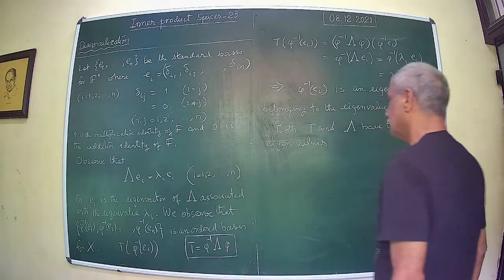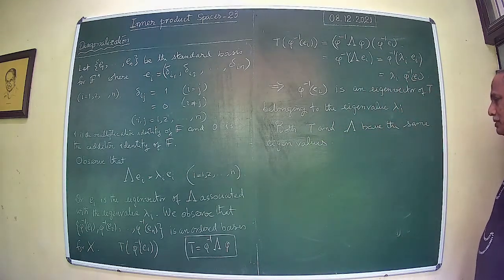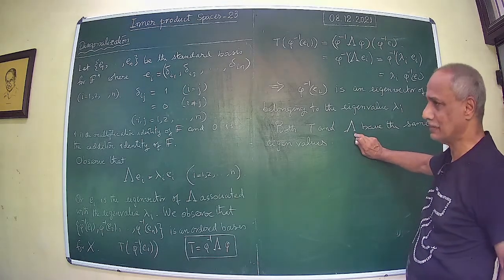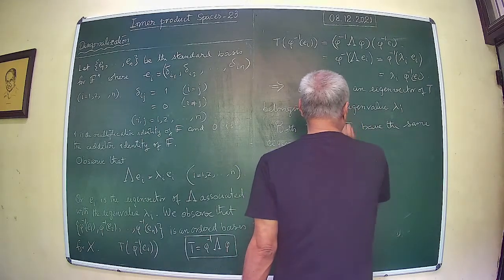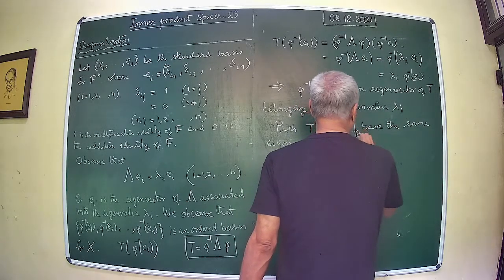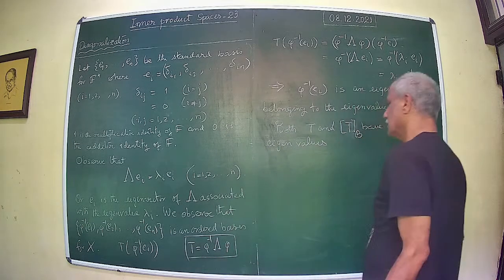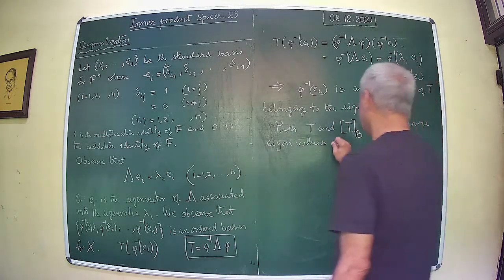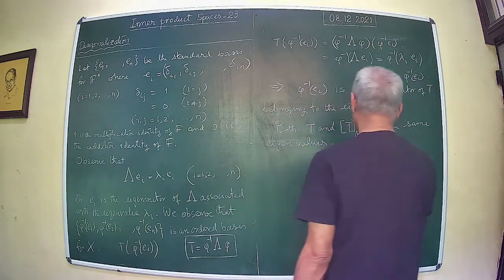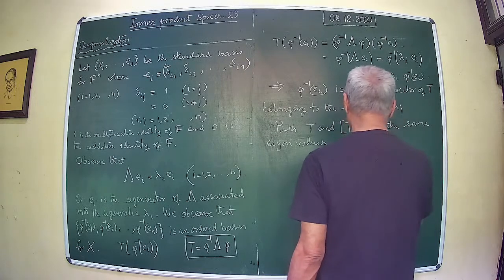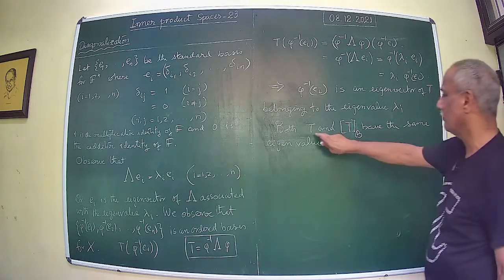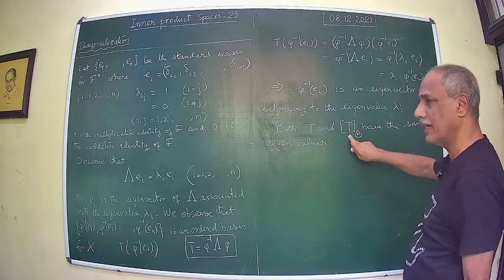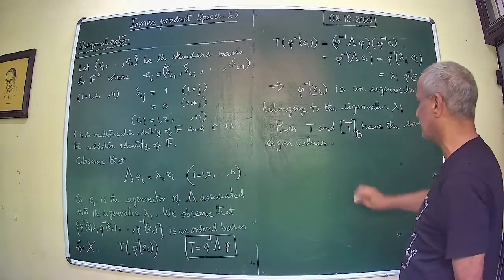Eigenvalues, and lambda is a determinant, therefore in fact I should write here same eigenvalues. Therefore you can find out the eigenvalues of T from the eigenvalues of the n by n matrix.